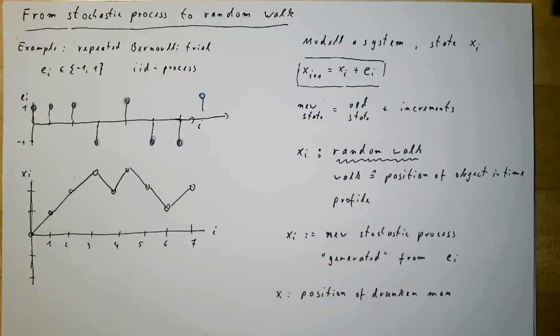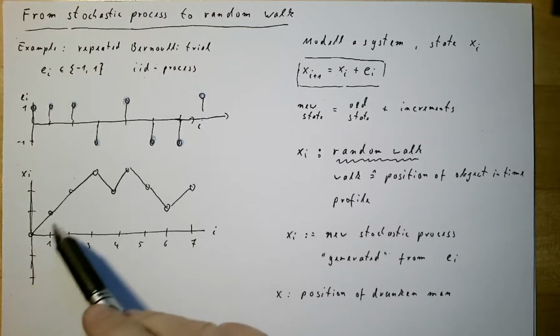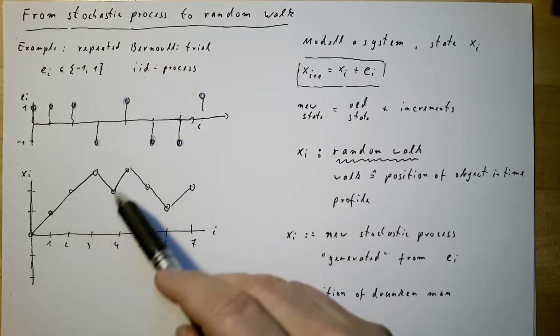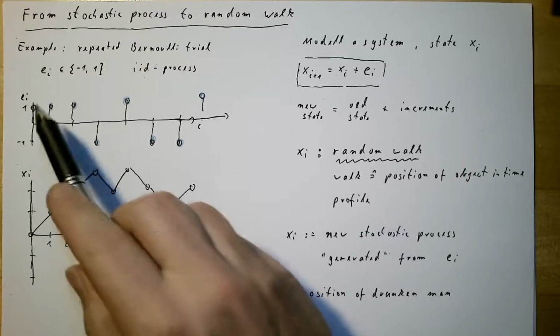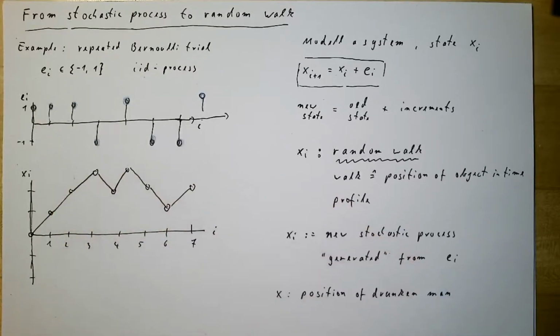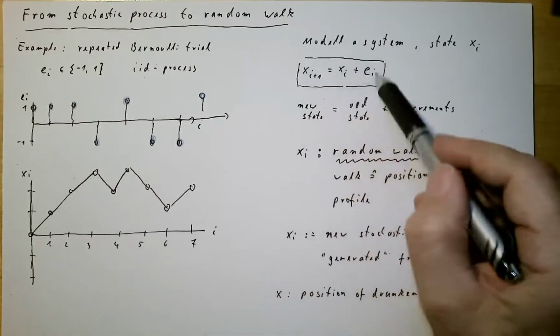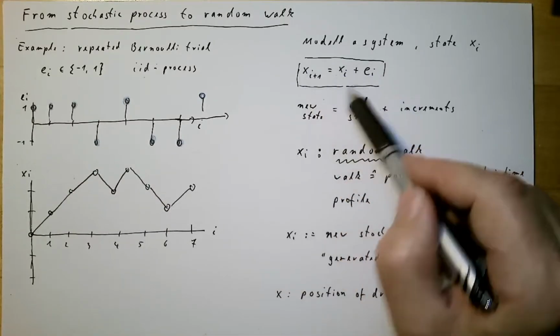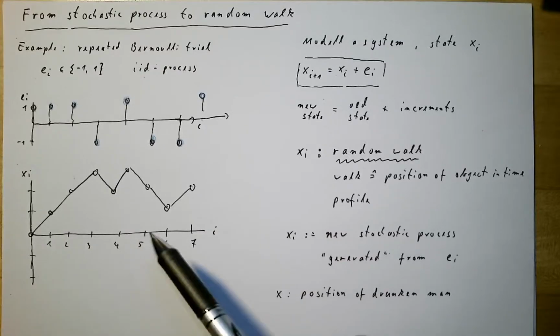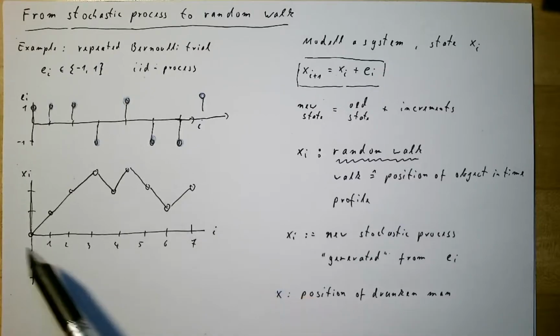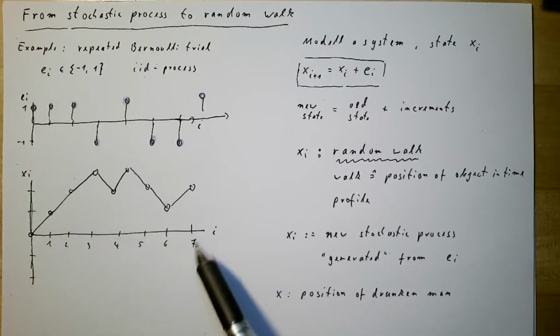And already by eye, it's clear that this profile looks more like something which we can use to describe some real process in the world than this just up and down thing here. So by integrating or summing over stochastic processes, we generate some profile which has some interesting properties.